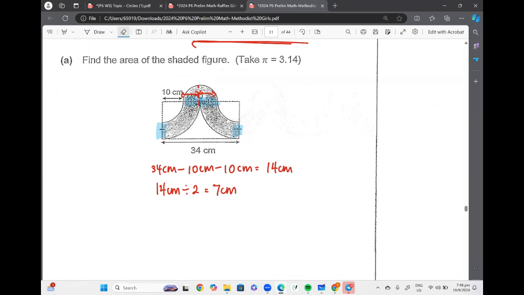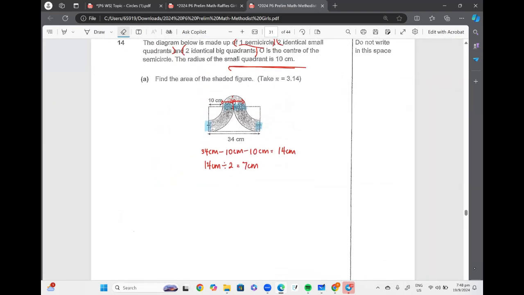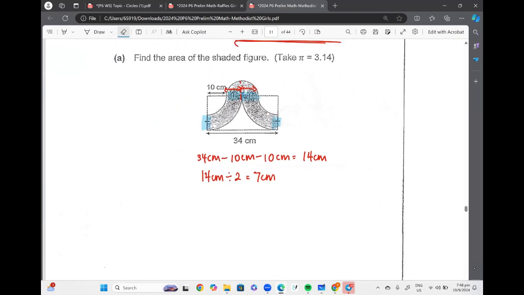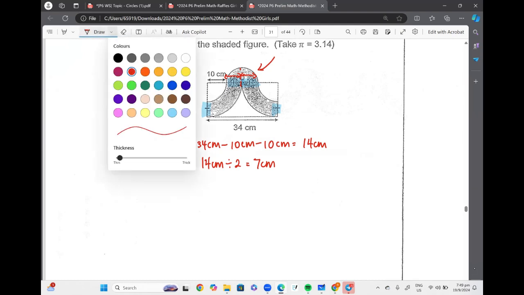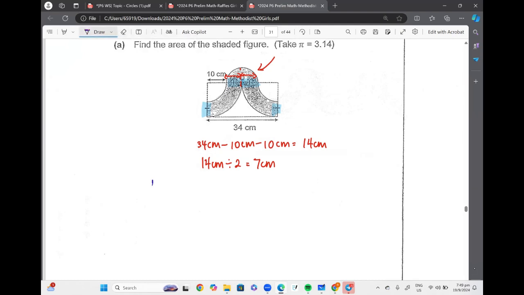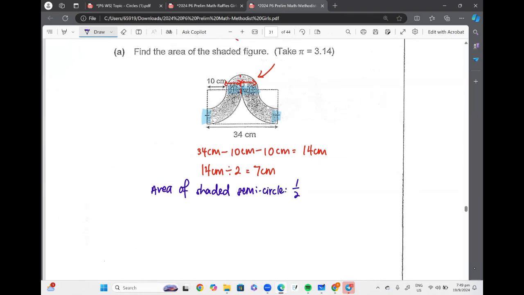Clear? Next step, what we need to do is to find the area of the semicircle over here. Once we find the semicircle, we can then find the rest. We do it step by step. Area of shaded semicircle is technically half times pi.